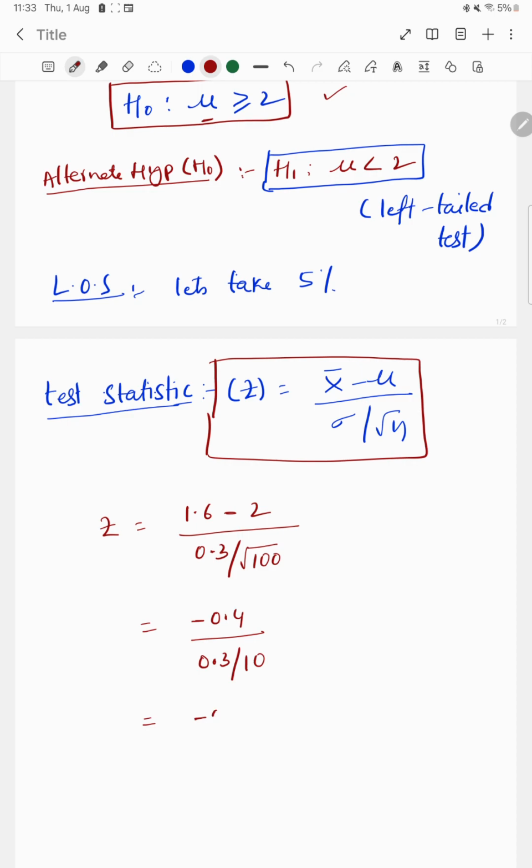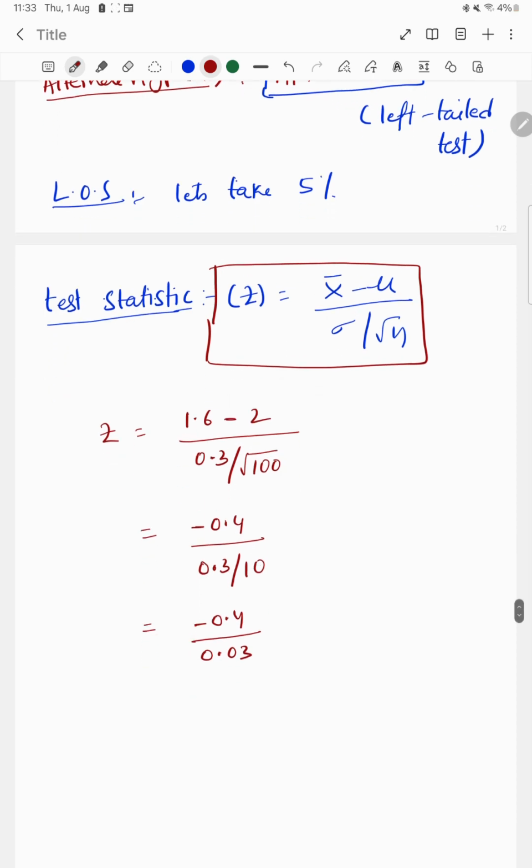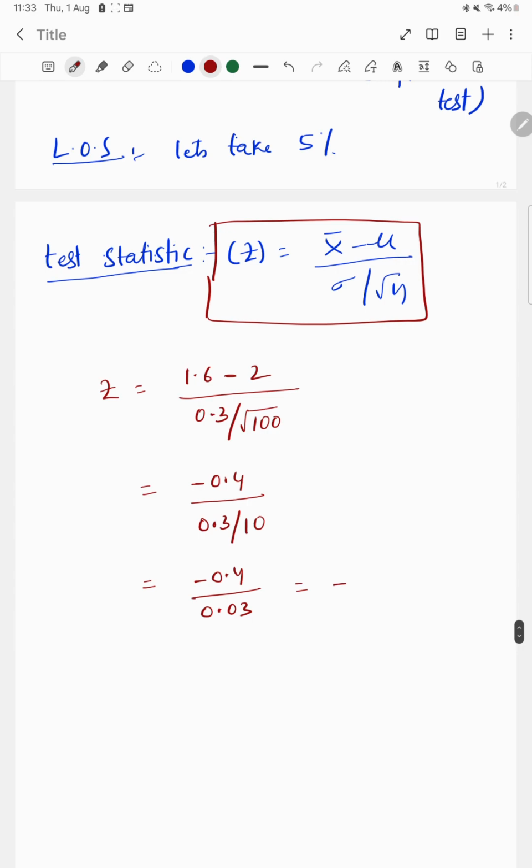That implies minus 0.4 divided by 0.03. So 0.3 by 10 will give you 0.03. So this is equivalent to minus 0.4 divided by 0.03, which will give us minus 13.33. Therefore Z cal is equivalent to minus 13.33.